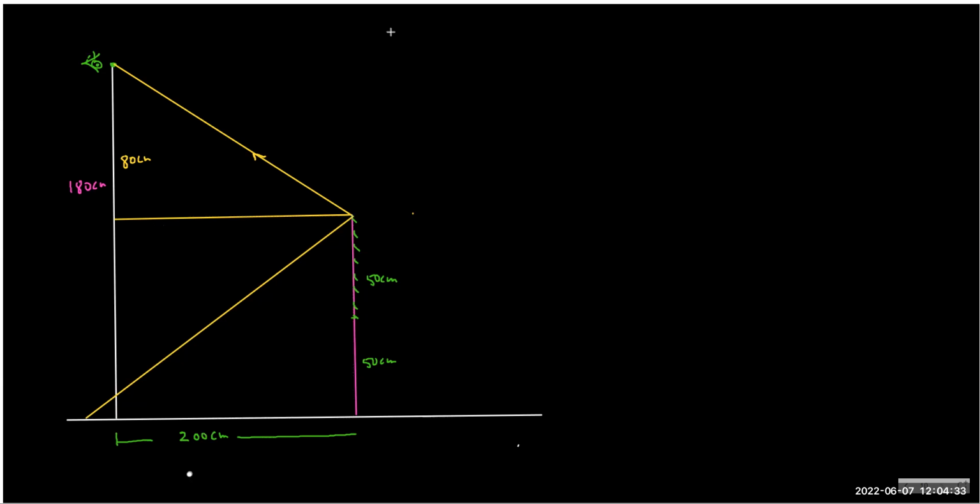The light ray from this portion will travel and reach the human eye. The other ray, which can also reach the eye, is hitting the extreme end of the mirror. So 80 plus 50 is how much? 130. So it is capable of going 130 below.